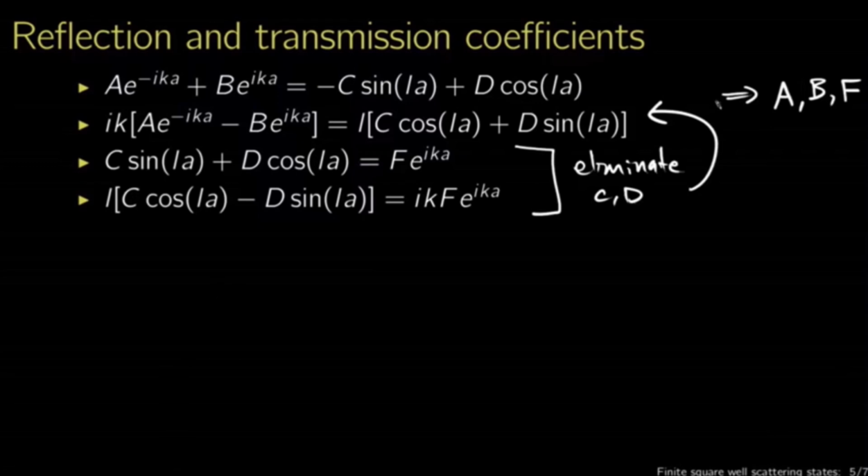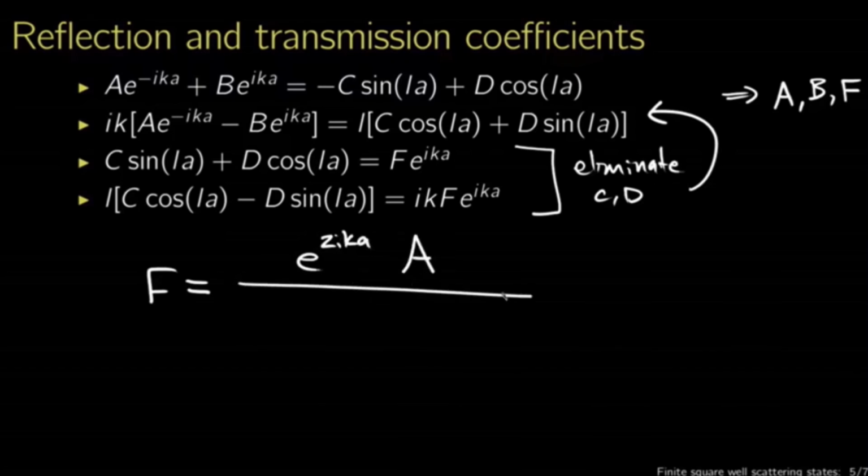What you end up with, for instance, solving for F in terms of A, is messy, unfortunately, but F comes out to be equal to e to the 2ika times capital A all over cosine of 2La minus i times k squared plus L squared over 2kL, and the i here, to make it clear, is outside.